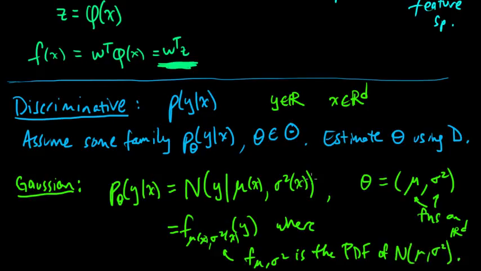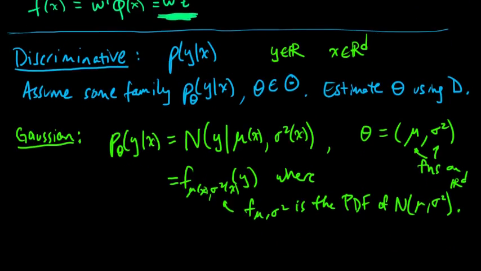But this is just a much more succinct way to say the same thing. So we could choose these to be these PDFs for some functions mu and sigma squared. So that's all well and good, but what functions mu and sigma squared should we use?